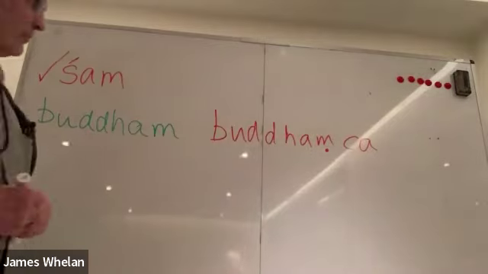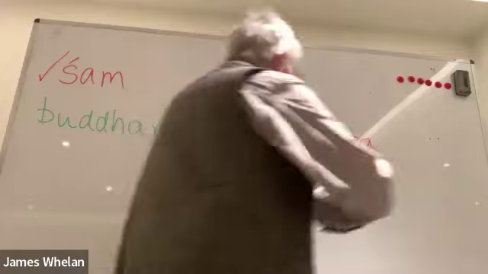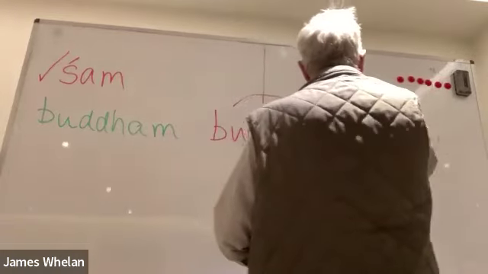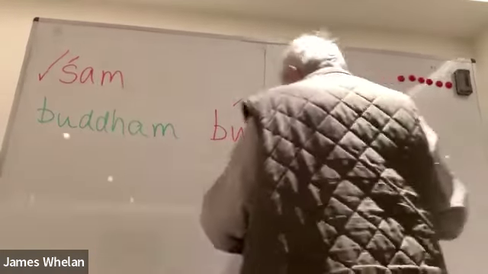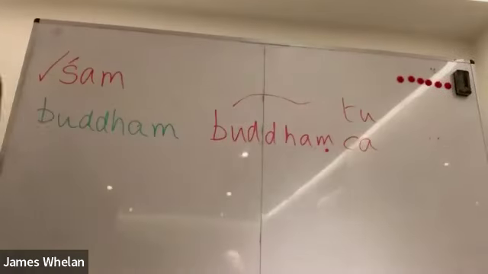Equally, if instead of the cha, we have the same word followed by tu, meaning however, the Buddha, however, it would be pronounced as an ordinary N, Buddhantu. It would be written as an anuswara, but pronounced from the same point of articulation as the following consonant, Buddhantu. Is that clear?